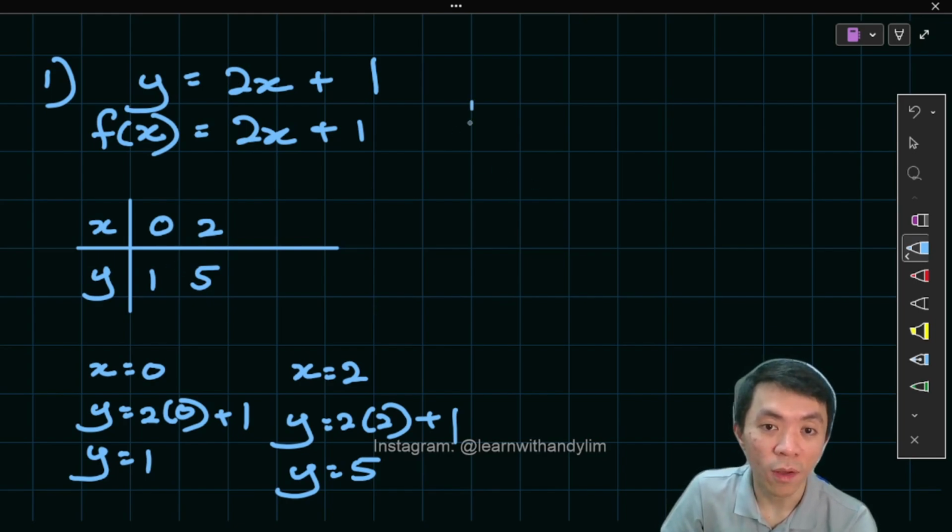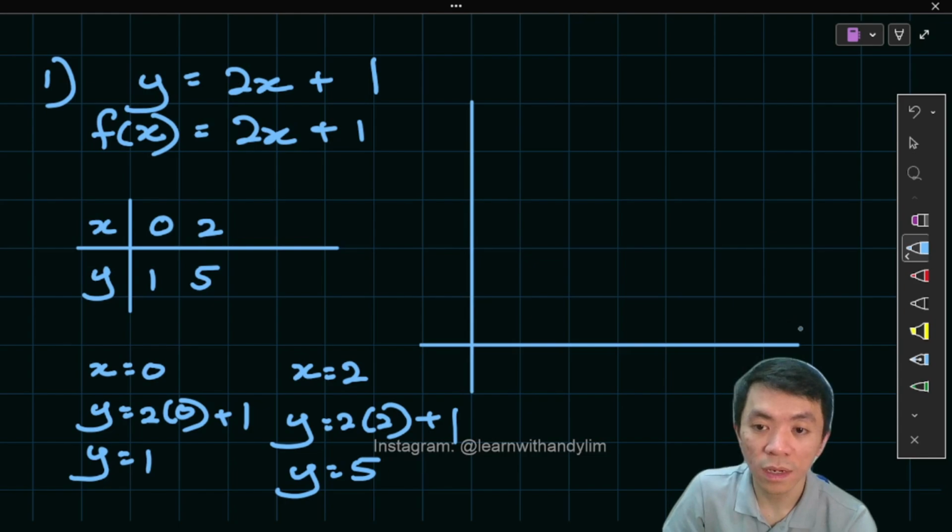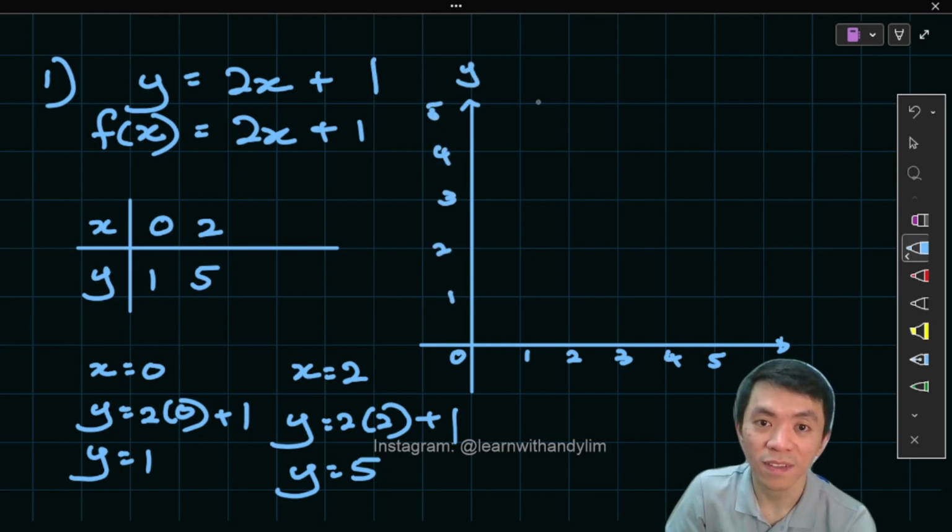Let's draw it out here. It's not too big. I have my origin, and 1, 2, 3, 4, 5 on the y-axis. This is my x-axis. So now we have two coordinates here, (0, 1) and (2, 5).